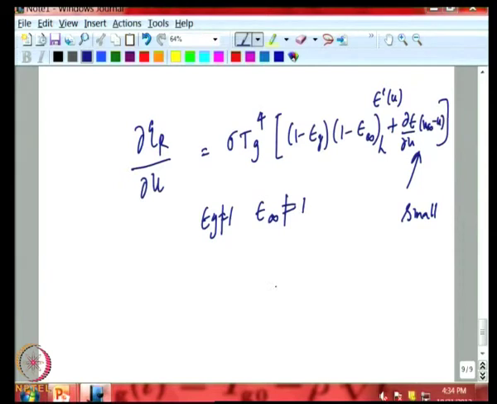That means there must be some scope for the layers near the ground to cool to space through the regions where the atmosphere is fairly transparent. And the most important thing is the role played by the derivative of emissivity. Now, near the ground, this is the quantity of interest.